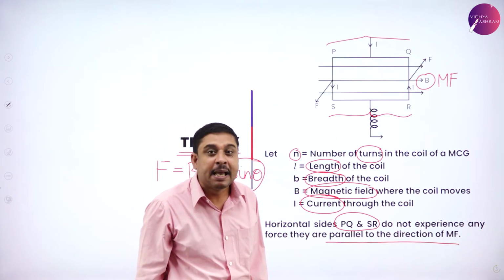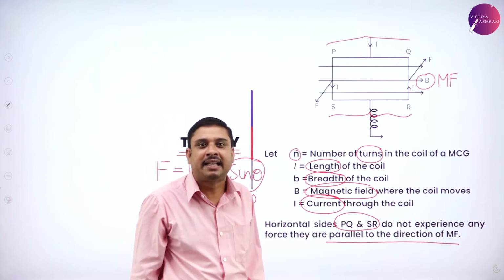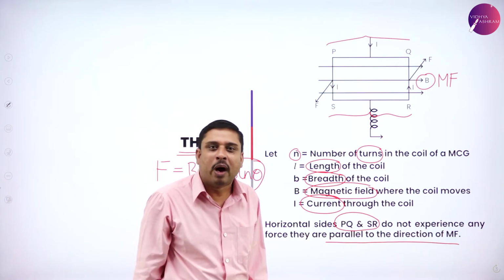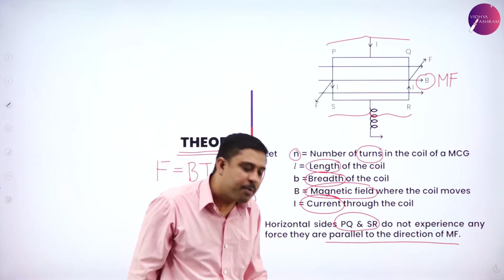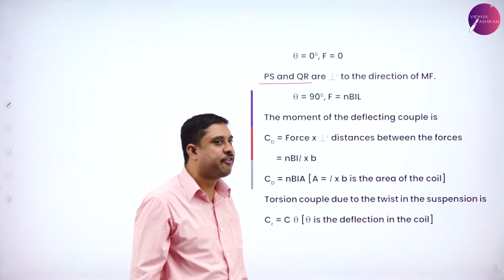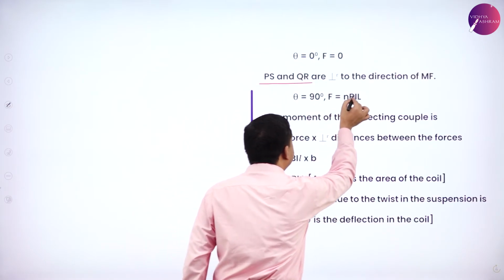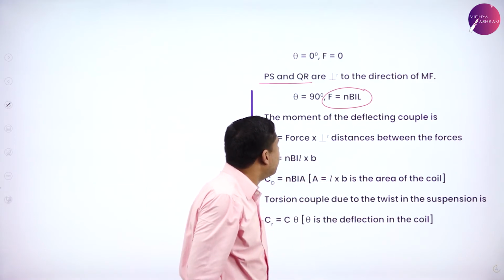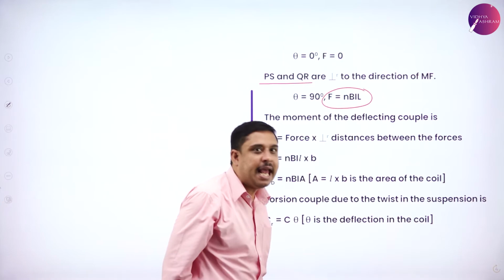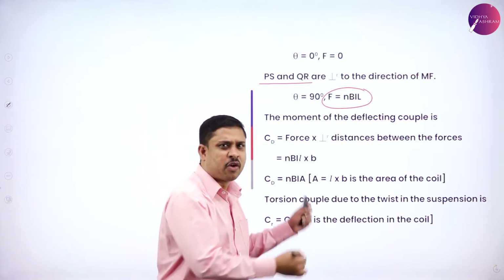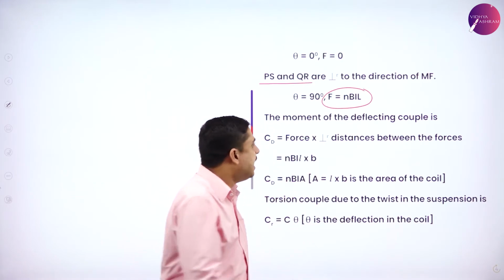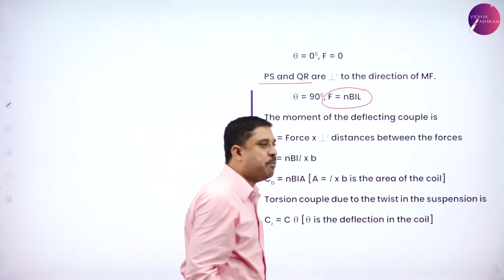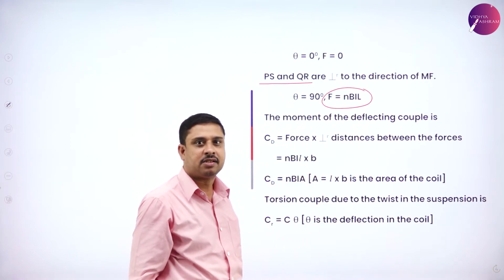Horizontal sides parallel to the magnetic field, vertical sides perpendicular to the magnetic field. So they experience a force F equals BIL. How? From the previous expression. Here N is the number of turns.